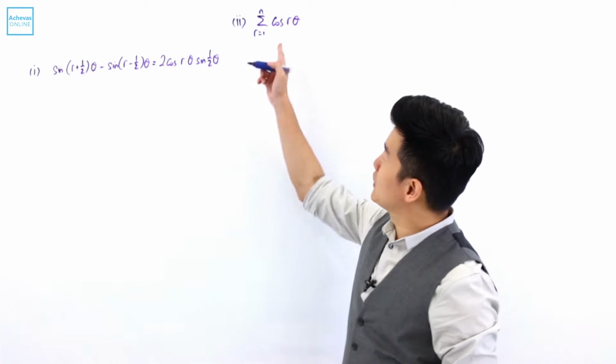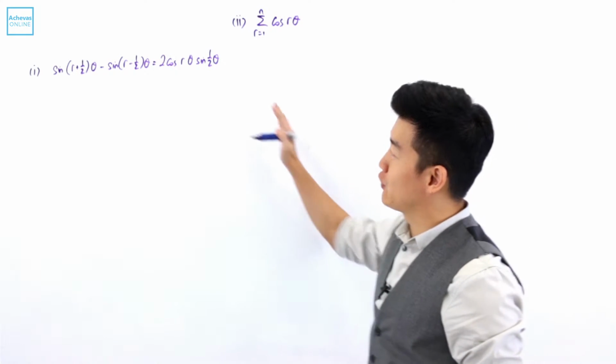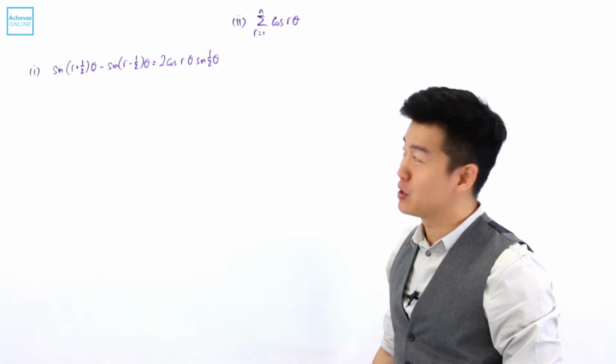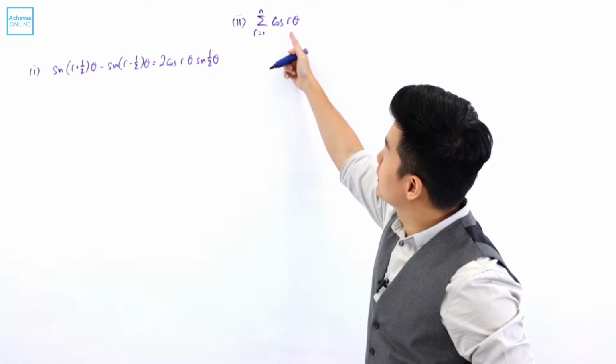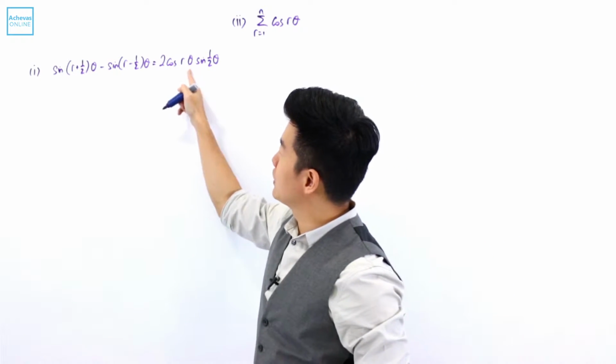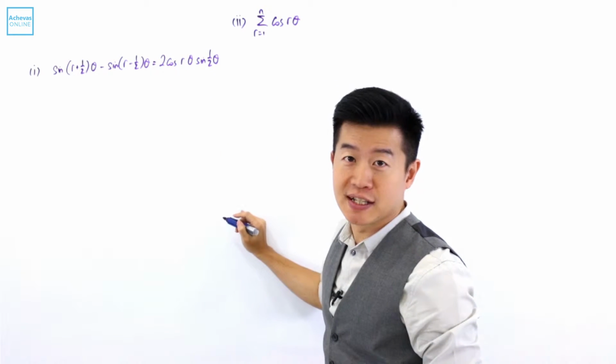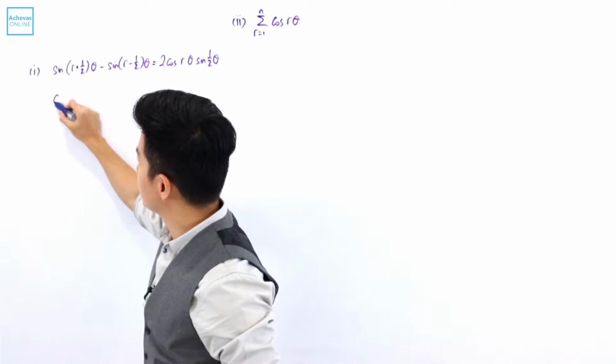In part 2, we are supposed to evaluate this summation by making use of what we have shown in part 1 of the question. So now we have cosine r theta, and in part 1 of the question there is indeed a cosine r theta. Let's make cosine r theta the subject.